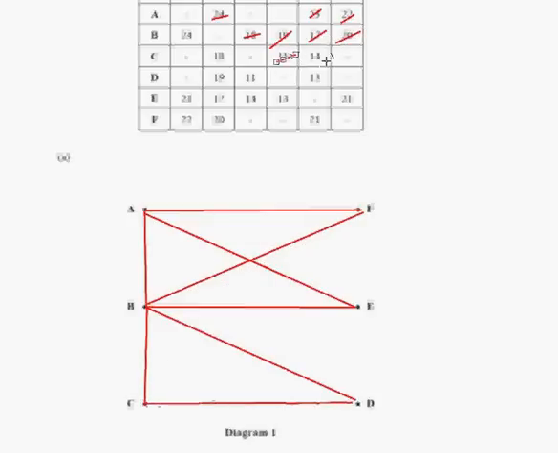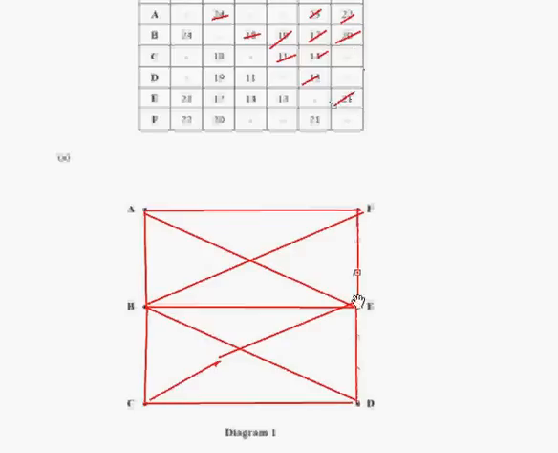E goes to C, like that, kind of. E goes to D, like that, and F goes to E.